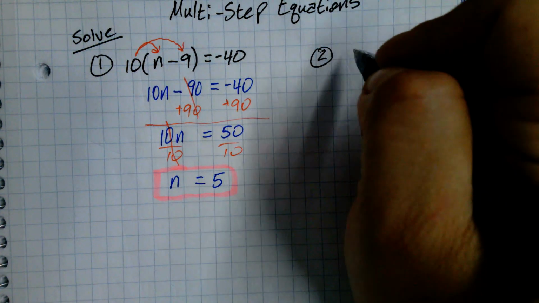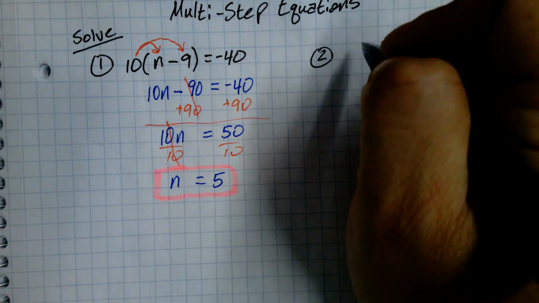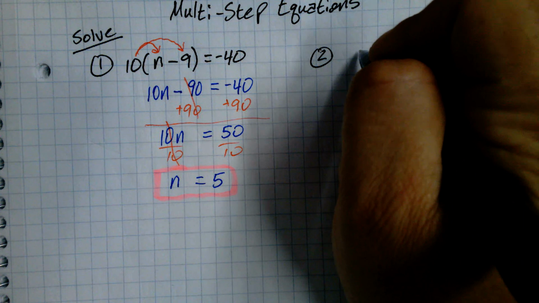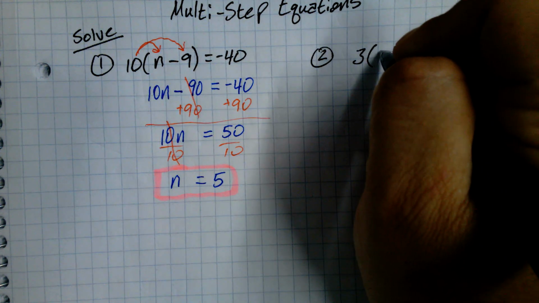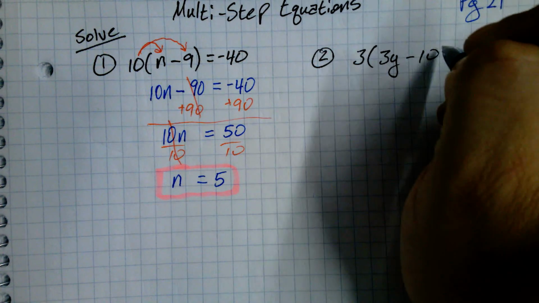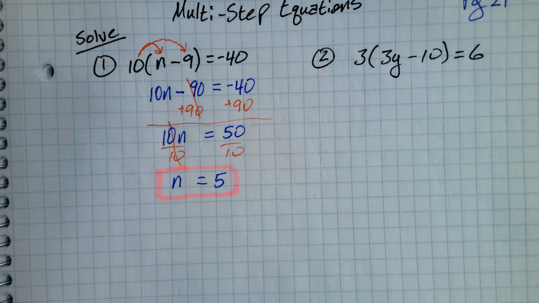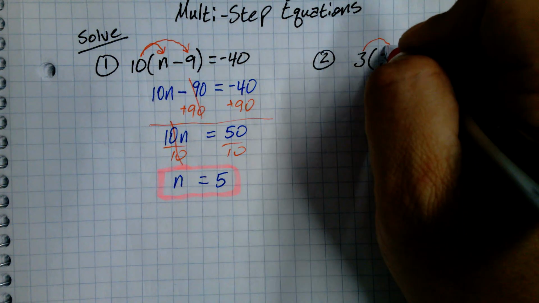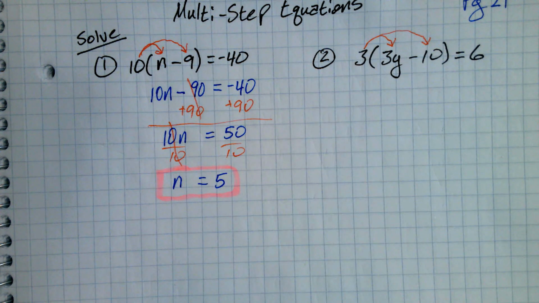This time we're going to do 3, and then that gets multiplied with 3y minus 10 equals 6. Okay, so what I'd like you to do is distribute the 3. I want to see what you get. So give me the next step after you distribute.